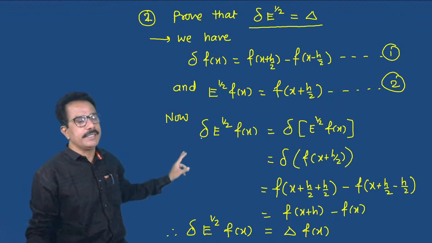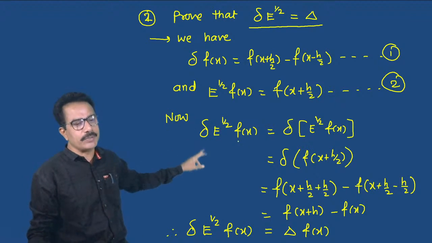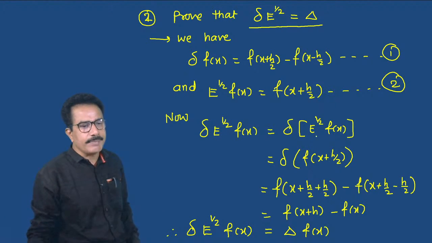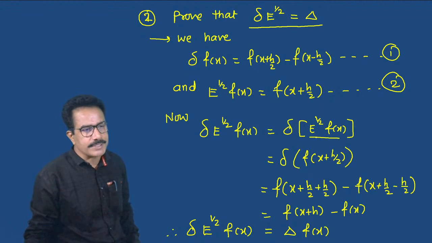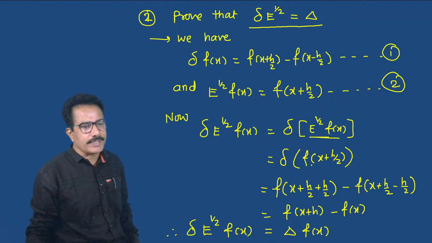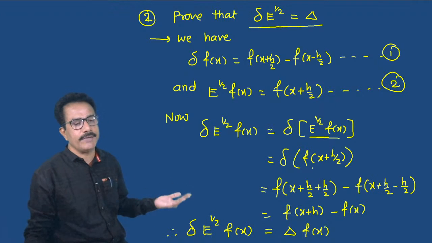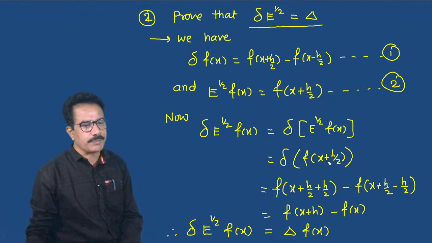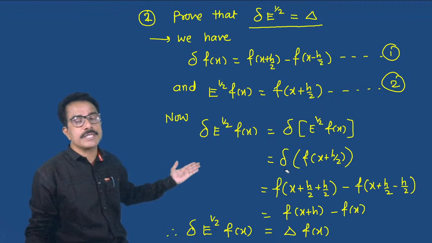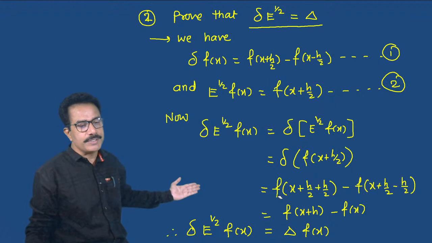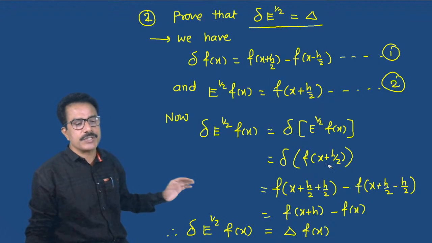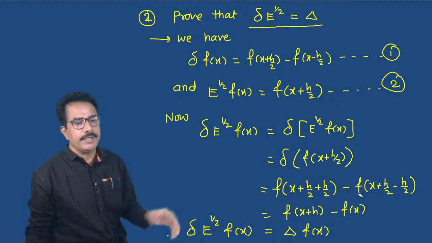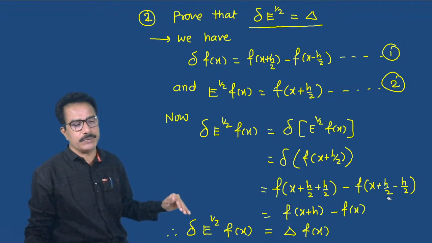So left side, delta e raised to 1 by 2 f of x. Now operate this delta on the bracket e raised to 1 by 2 f of x, but e raised to 1 by 2 f of x means, from equation 2, f of x plus h by 2. Now you can use the central difference delta, meaning f of x plus h by 2 plus h by 2 minus f of x plus h by 2 minus h by 2.